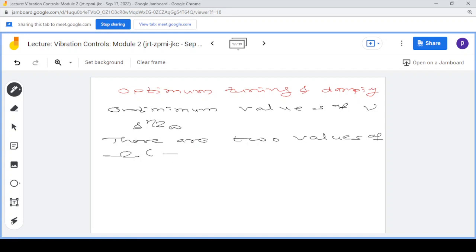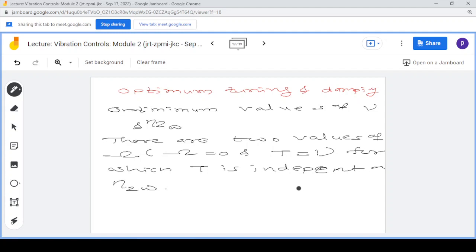Besides omega equal to 0 and transmissibility equal to 1, for which T is independent of 2 omega.